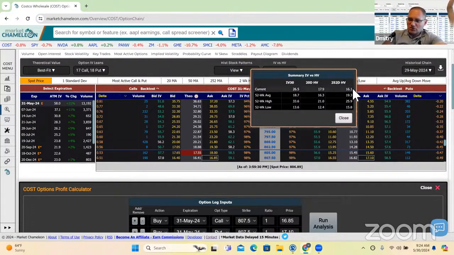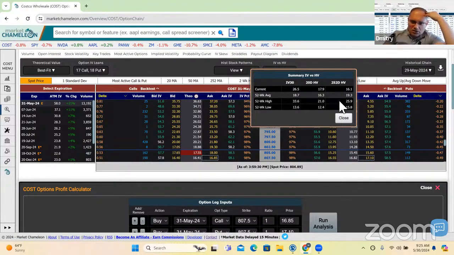In the last year, the stock moved at a 16.1 vol. If we took the averages, we got 16.3 versus 19.3. These are the high and low. So let's just say it's going to revert somewhere between 16 and 17, right? Let's test that out. We don't know for sure, but we're just testing it out.